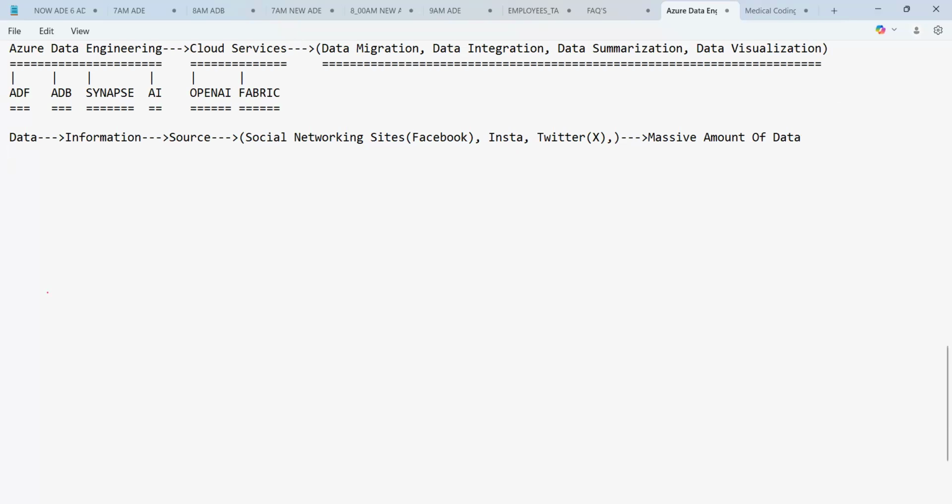The second one, guys. Data or the information, we get it from the source of information.